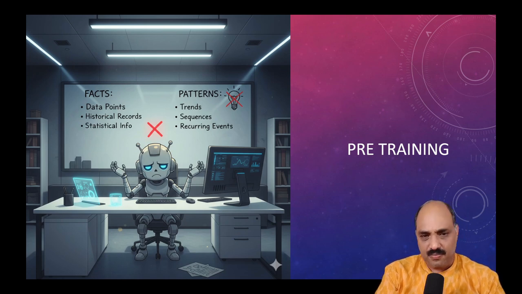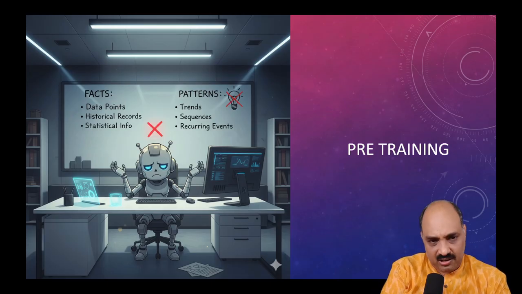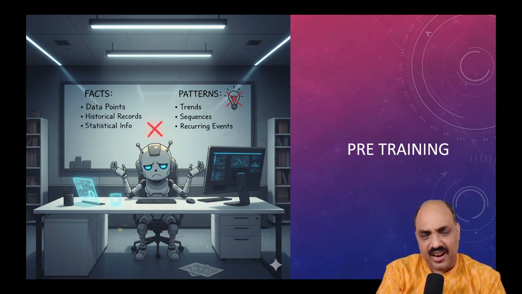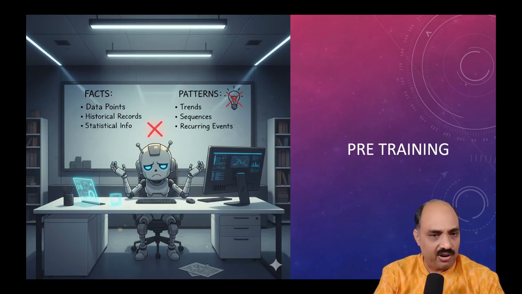With some kind of mathematical capabilities, it can find out the trends in data, the sequences, and the recurring events. It can find all of that, but it has absolutely no clue how to use the things it has figured out from reading lots and lots of corpus.